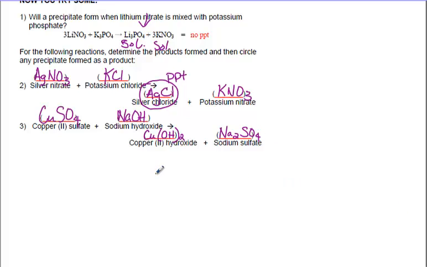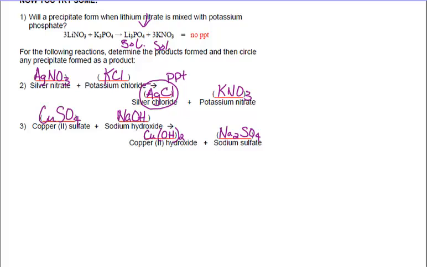All right, now we need to look at our ions, and remember, look at the back ion first and then go from there. I know for a fact that sodium is a group 1 ion, so there are no exceptions here. So this is definitely going to be soluble. That's not a precipitate. Copper hydroxide: hydroxide is the negative ion on the back end.